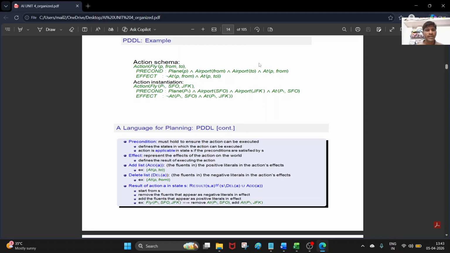The effect is that the location where the plane started has to be negated, and then At(p, to). At(p, to) means the plane reaches the destination. So this is the action schema.